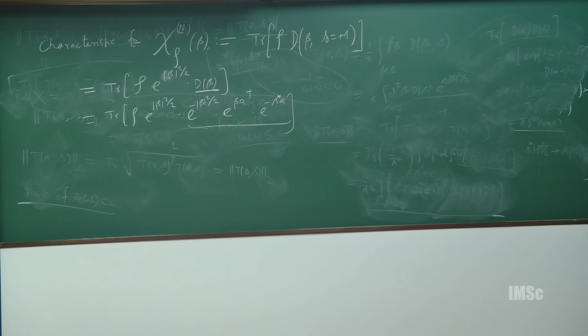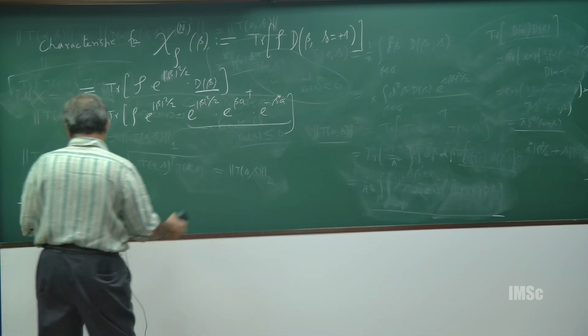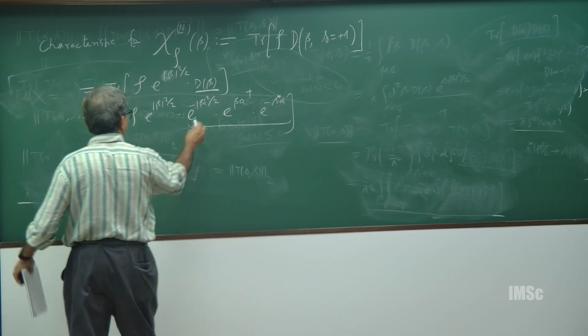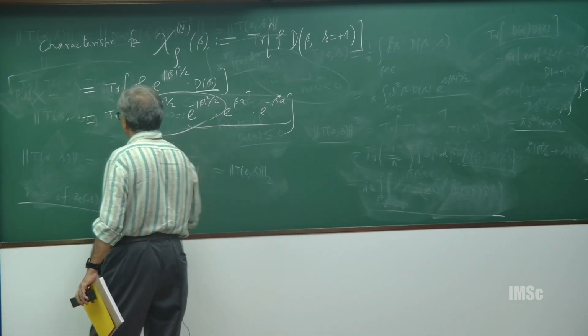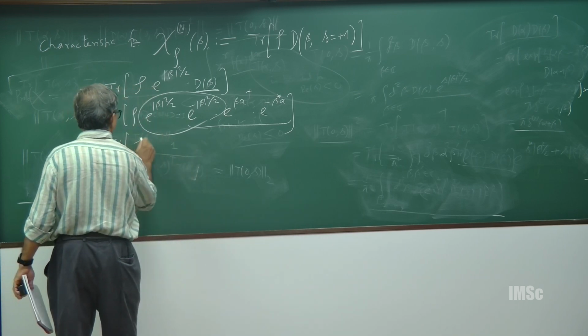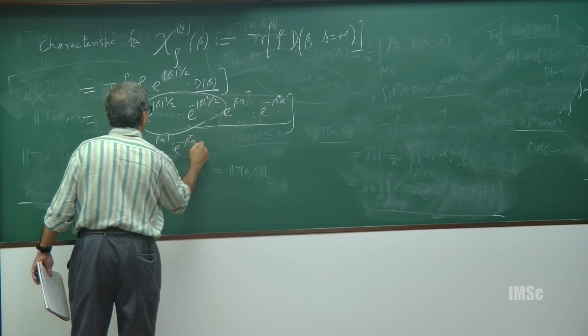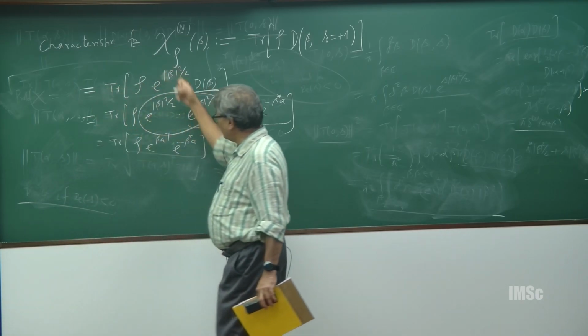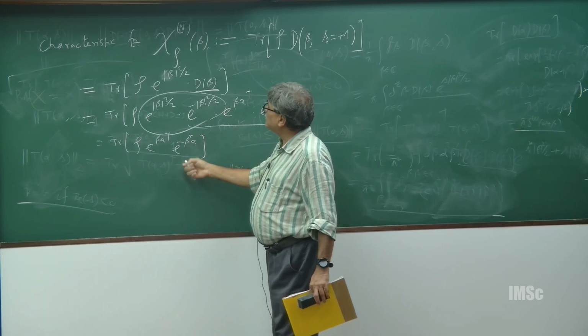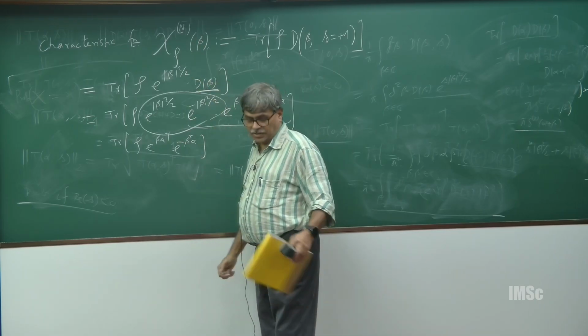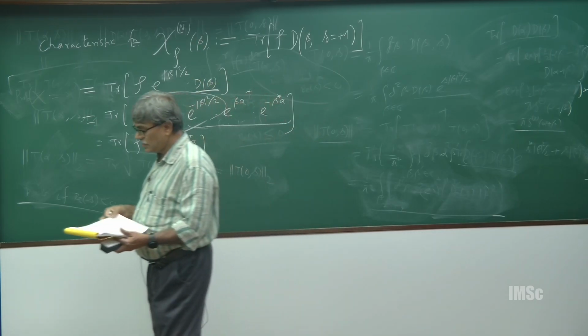So that is this part, and this condition is satisfied here. Good. Basically these two terms will cancel, and what you will have is the trace of rho e to the power beta a dagger e to the power minus beta star a. So this is your characteristic function for normal ordering.